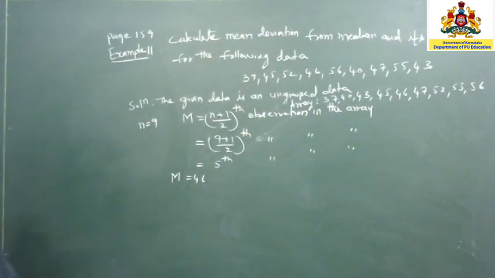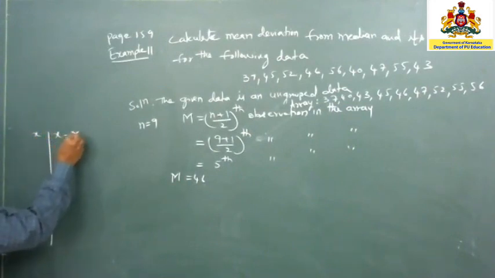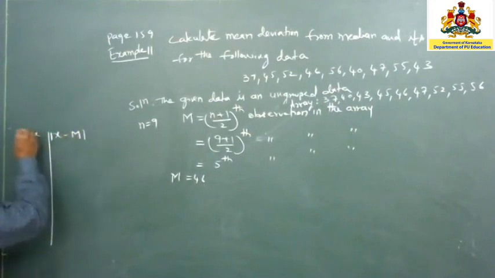Then take the table: x values first, then x minus median, directly taking modulus values.